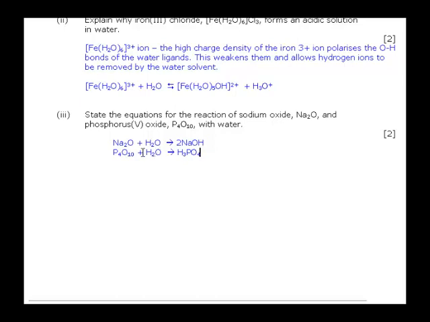We want 4 of those to get 4 phosphoruses, we want 6 of those, and that should be about right. 4 O4s are 16, 6 and 10 is 16 for the oxygens, everything's correct.